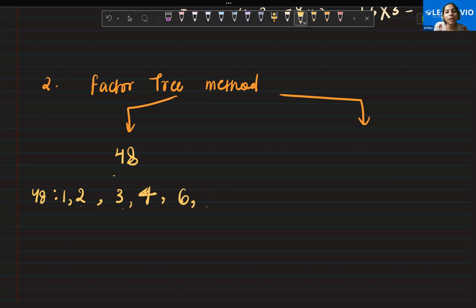Does it come in the table of 8? Yes, it does. 8 times 6 is 48. Then, does it come in the table of 9? 4 plus 8 is 12. So will it come in the table of 9?